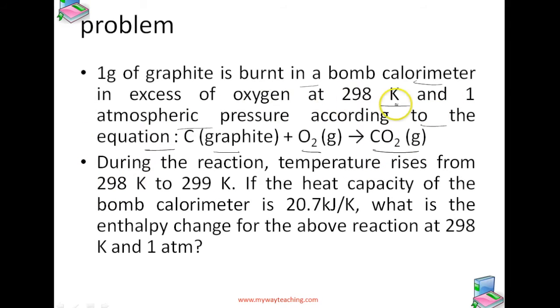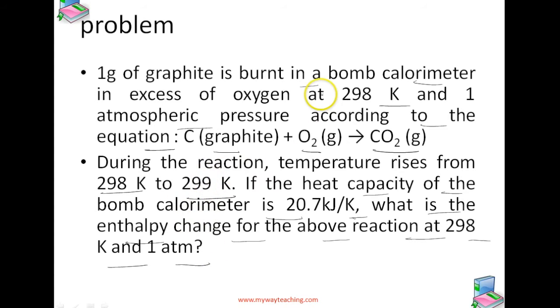During the reaction, temperature rises from 298 Kelvin to 299 Kelvin. If the heat capacity of the bomb calorimeter is 20.7 kilojoule per Kelvin, what is the enthalpy change for the above reaction at 298 Kelvin and 1 atmospheric pressure?